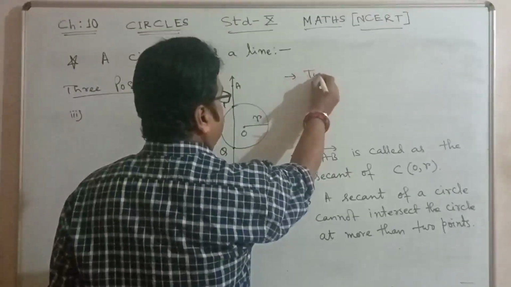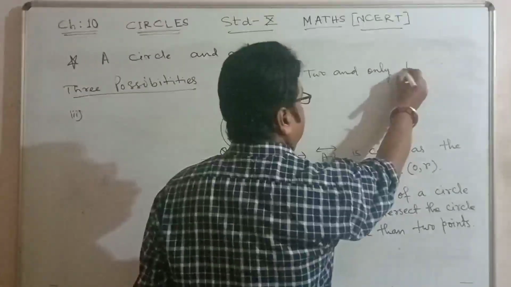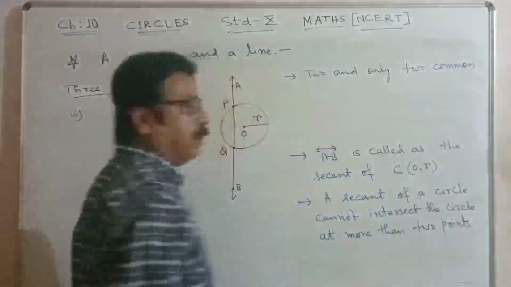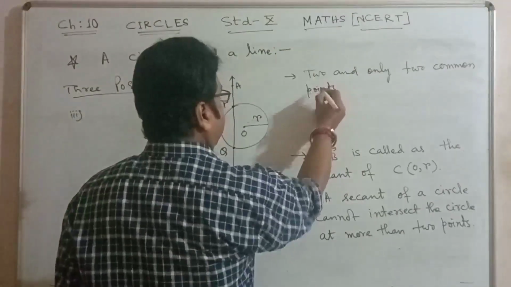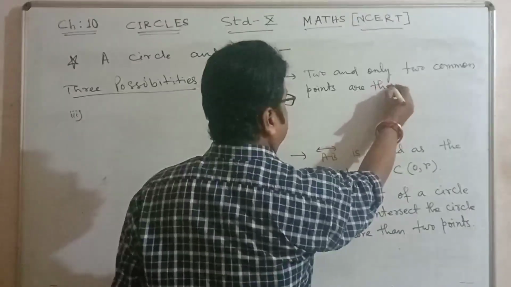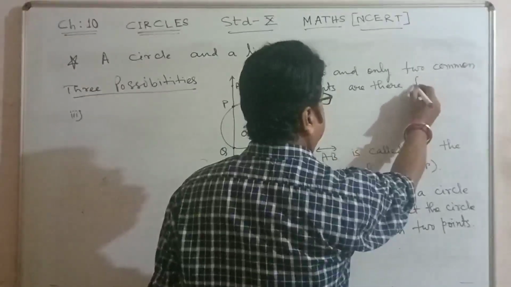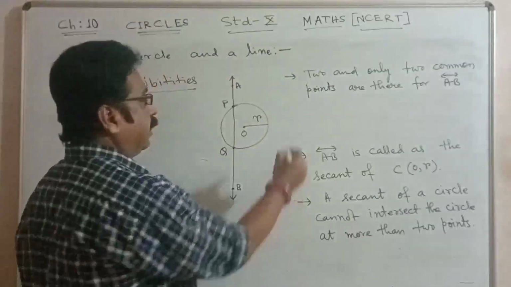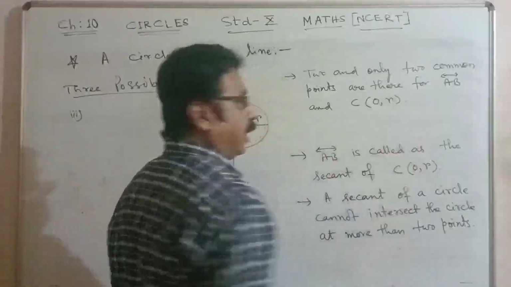Two and only two common points are there for the line AB and the circle COR.